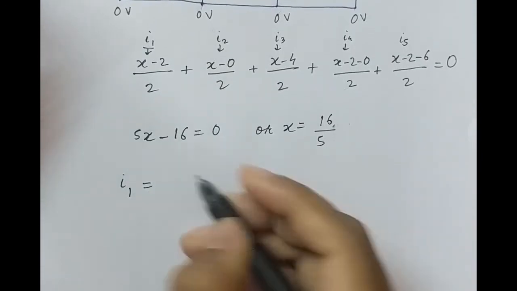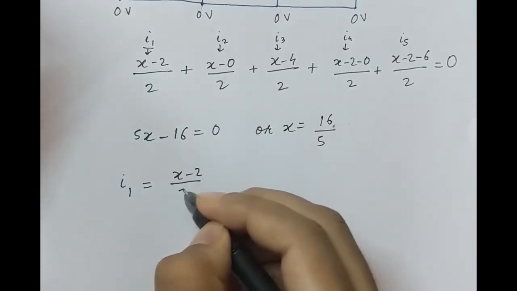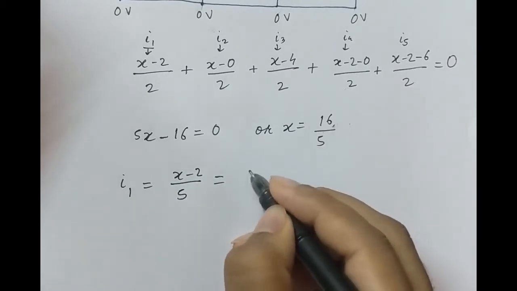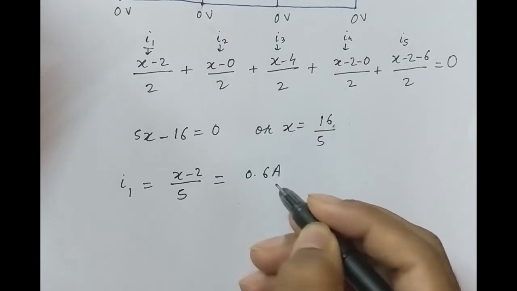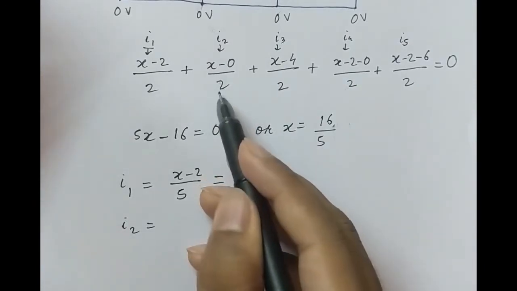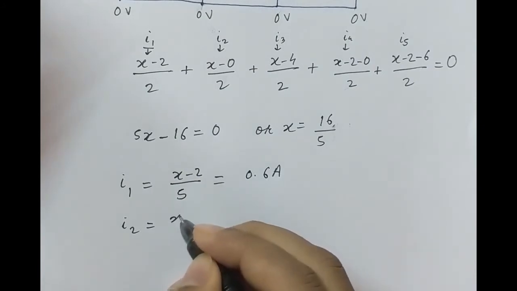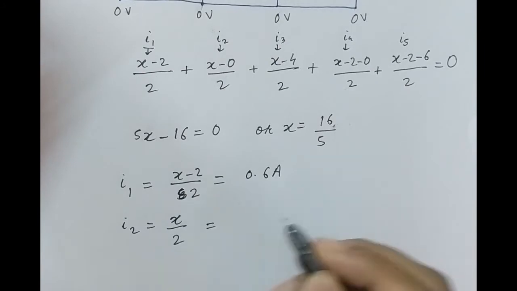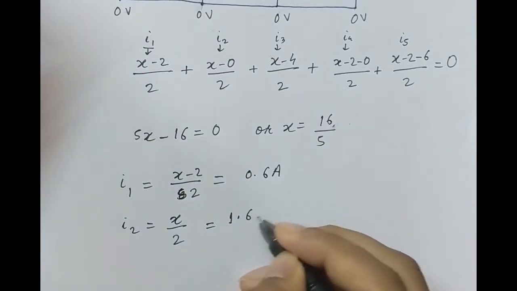I1 is X minus 2 by 2. Putting the value of X as 16 by 5, you get this as 0.6 ampere. I2 is X by 2. Pardon me, it's X by 2. That will give you 1.6 amperes.